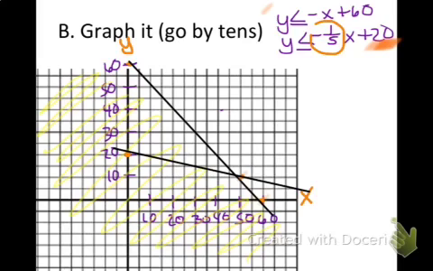And again, since the y is less than, we're also going to shade underneath. But this time I'm going to use a different color so that we can see it a little bit better. So when I shade under this line, I'm right here.